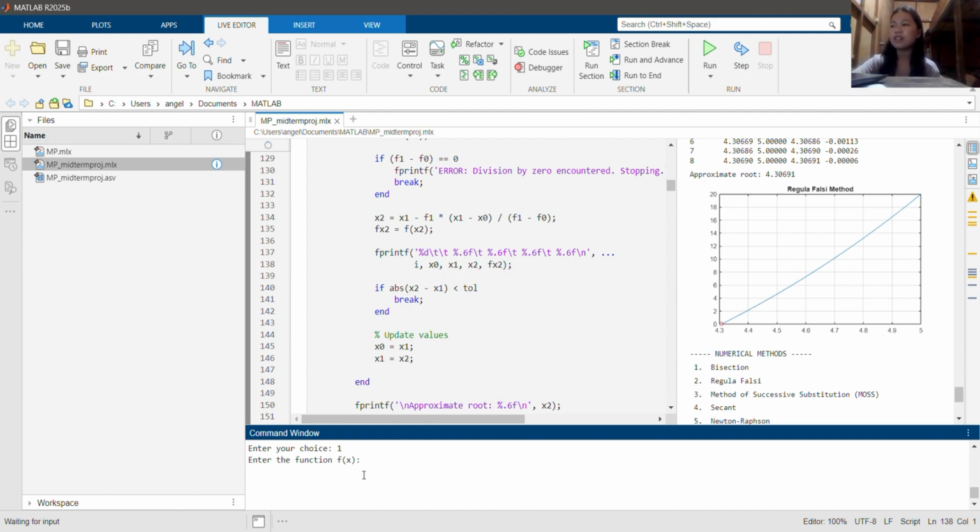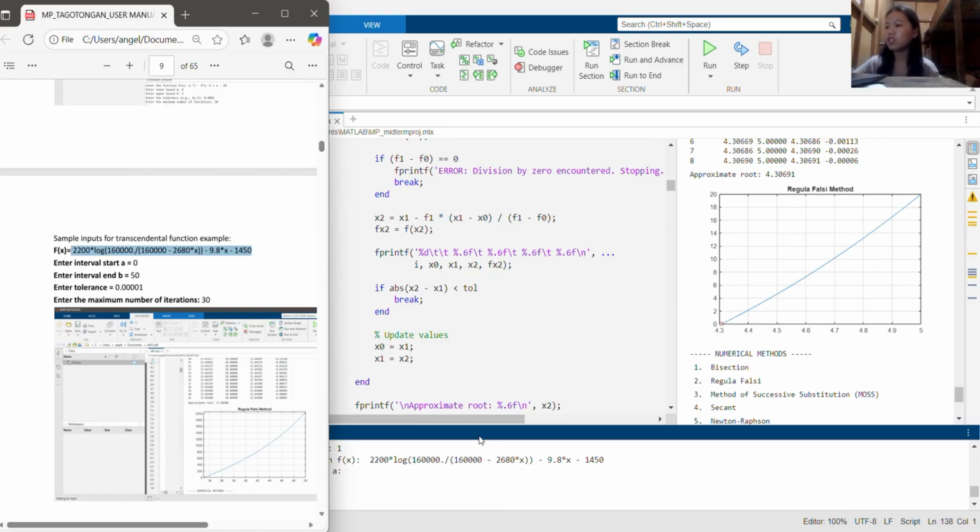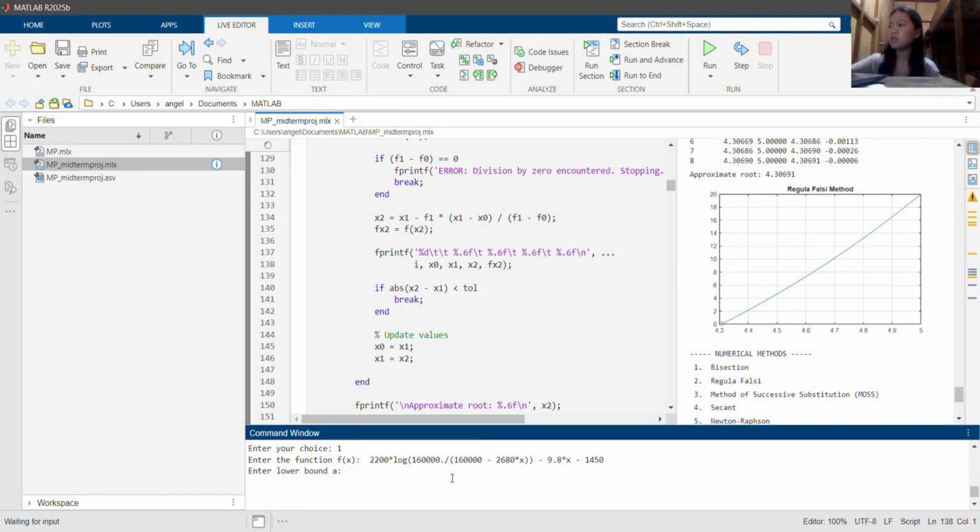I'm going to try the bisection method first. Enter our transcendental function, our lower and upper bound, which is 0 and 50.